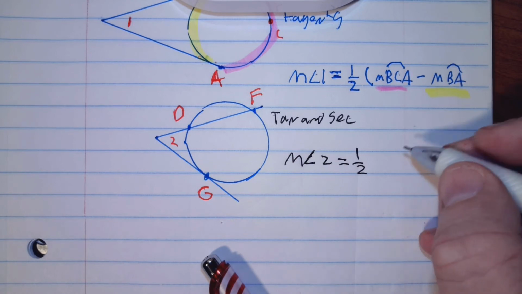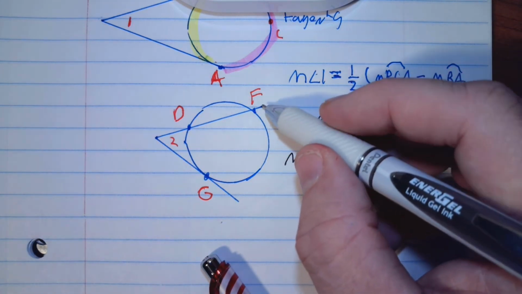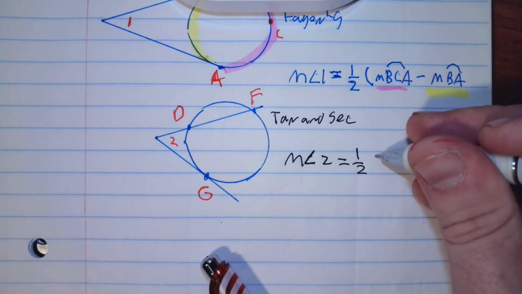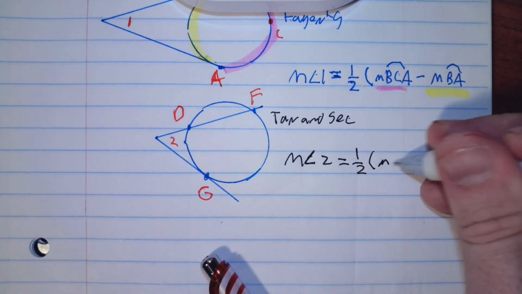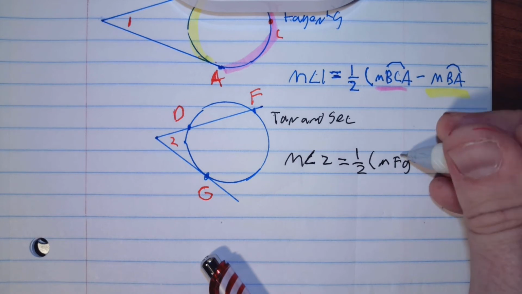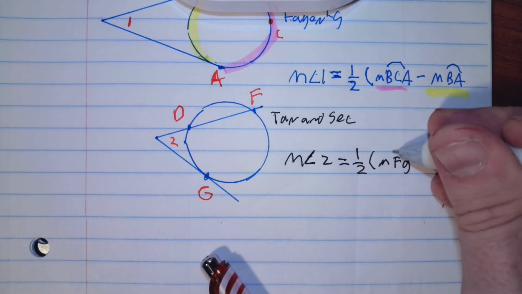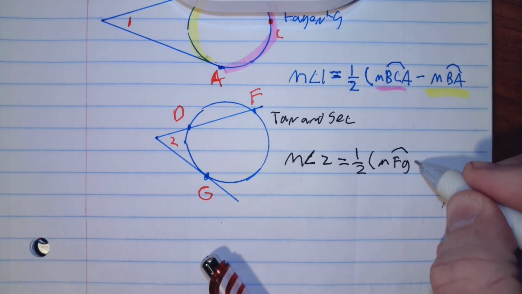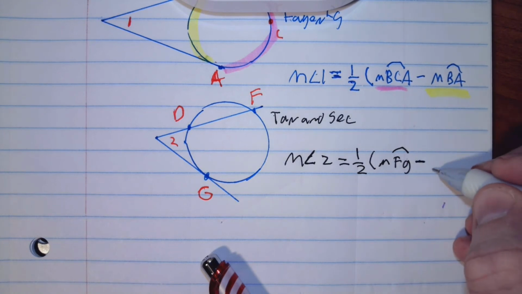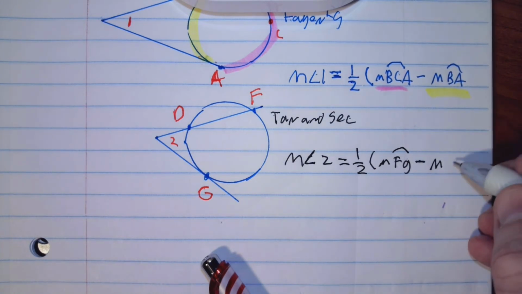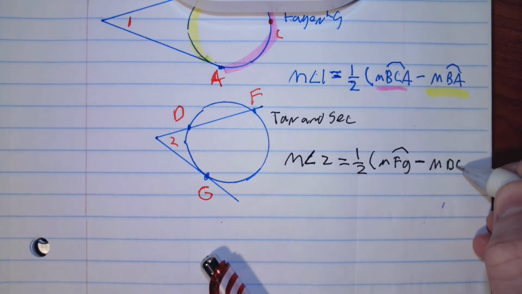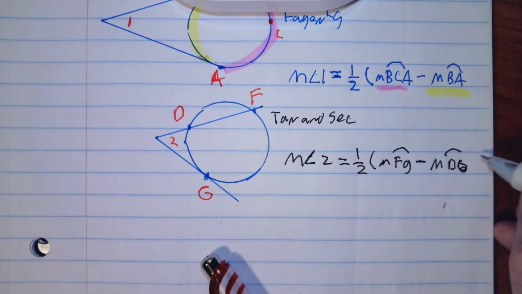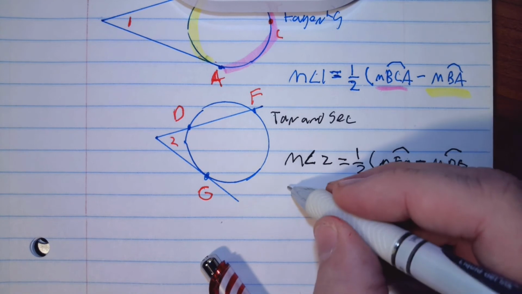So it's going to be, in this case, FG. Measure of FG plus, by that I mean minus, measure of DG. DG. And I don't know why I did that.